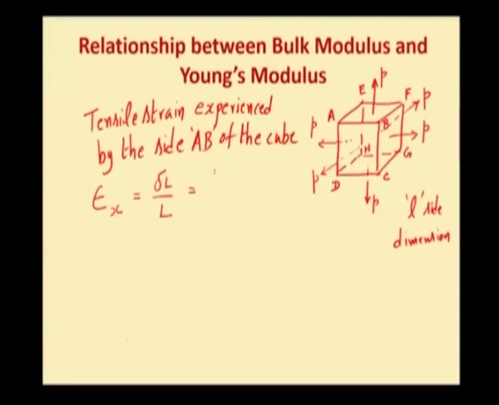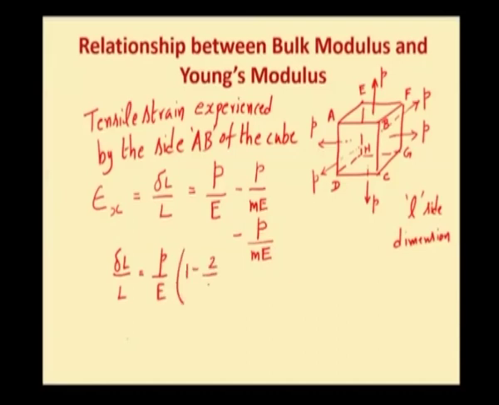This will be equal to the direct stress acting along x axis, small p divided by E, Young's modulus of elasticity, minus the strain induced in y axis, which will be small p divided by mE, minus the strain induced along z axis, which will once again be small p divided by mE. So, delta L by L will be equal to small p by E into 1 minus 2 by m.